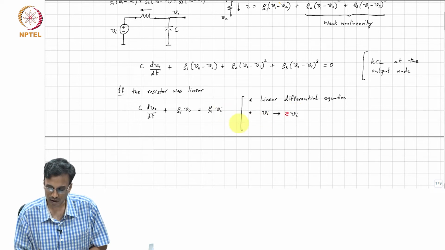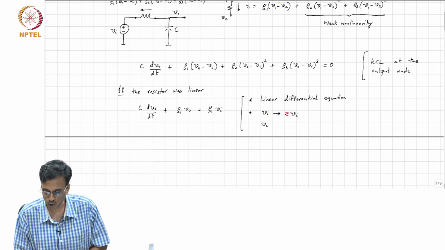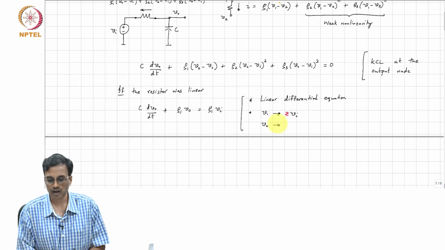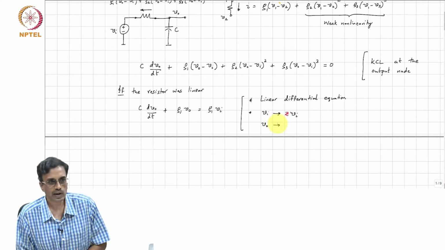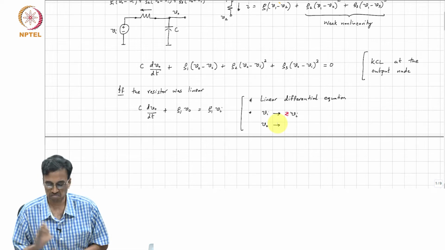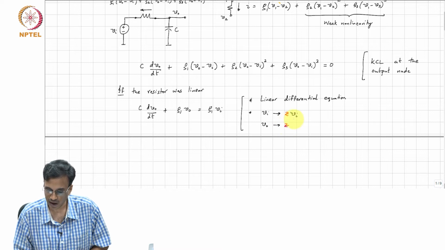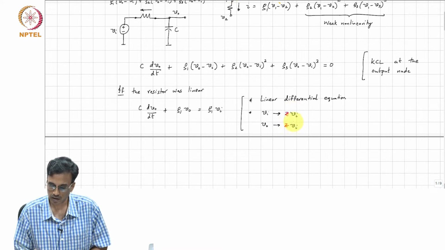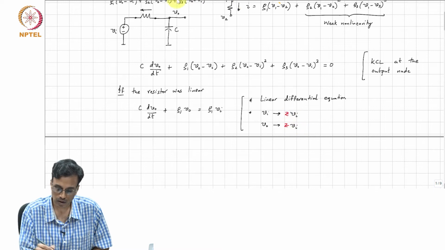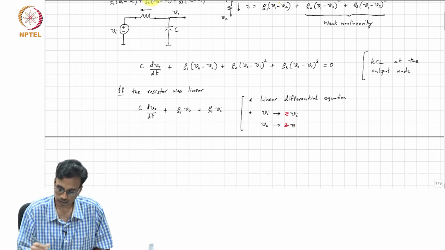Let us say when Vi was the input, Vo was the output. Now, if I scale the input by a number z, what comment can we make about the output? Very simple, the output will also scale by the same number, z times Vo.